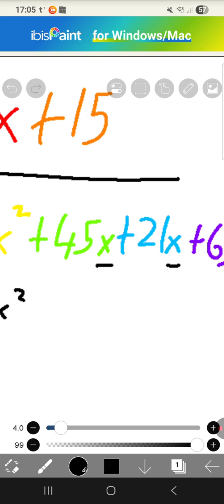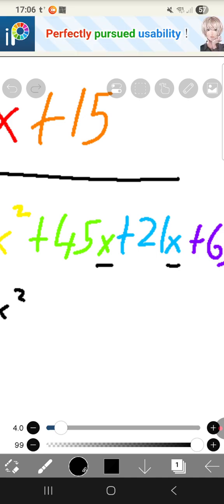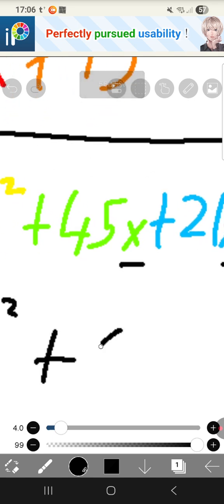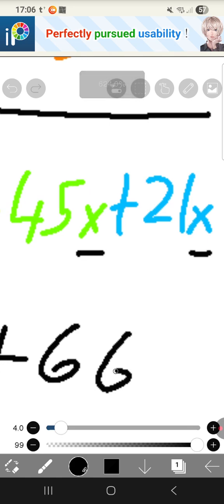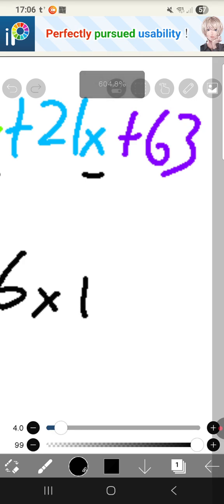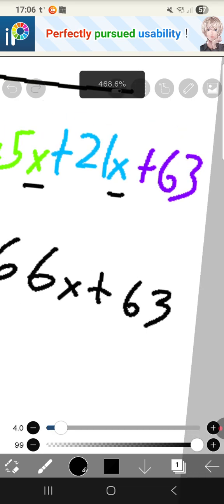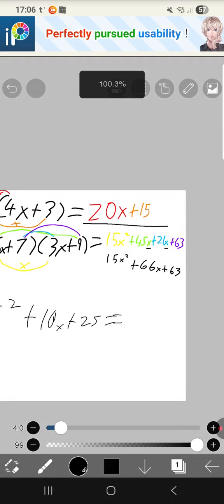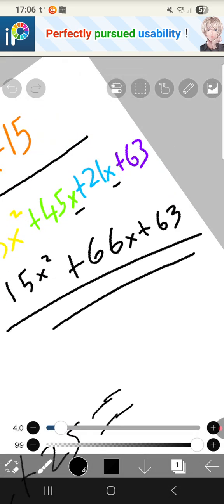We aren't putting the squared next to it, it's just x. But we do 45 plus 21, which is 66x. And then we keep 63 the same since there's no other normal numbers. And that is your answer.